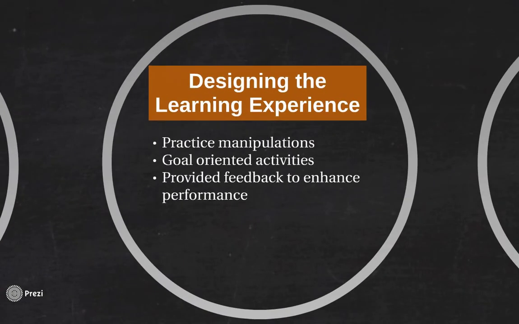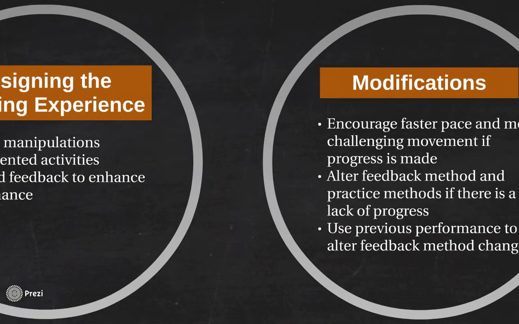We talked about the practicing manipulations, the segmentation, the verbal and visual cues. We talked about the goal-oriented activities. So what I mean by that is, how is me doing the segmentation leading to her ultimate goal, which we talked about before in designing the learning experience. And then providing feedback to enhance performance. So by telling Sarah, hey, you're not turning correctly because of this, your head's not snapping fast enough, your leg's not in the correct position, which is going to enhance her performance and she's going to be able to execute the turn correctly.